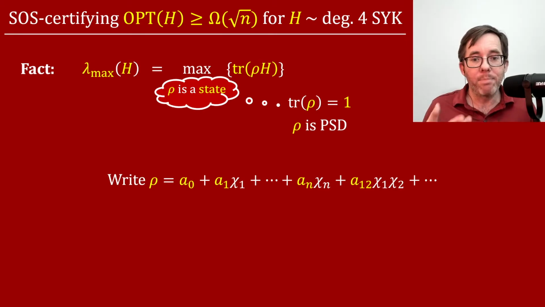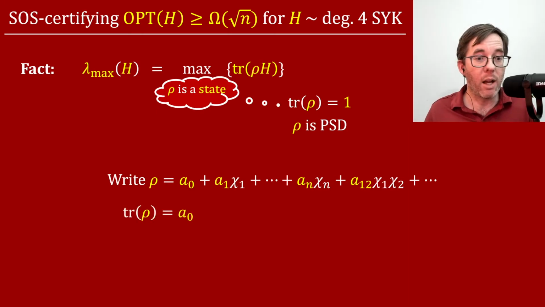So say we write some rho like this as a0 times the identity matrix plus a1 times chi1 plus a2 times chi2 plus etc. I mentioned much earlier that all chi matrices and products thereof have trace 0. So the normalized trace of such a rho is simply the constant coefficient a0.